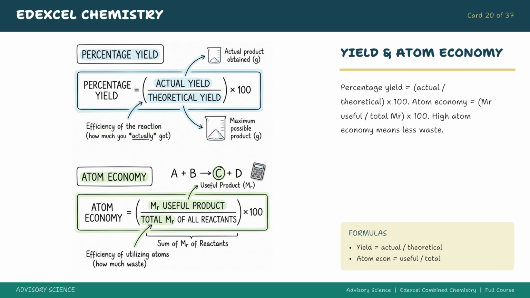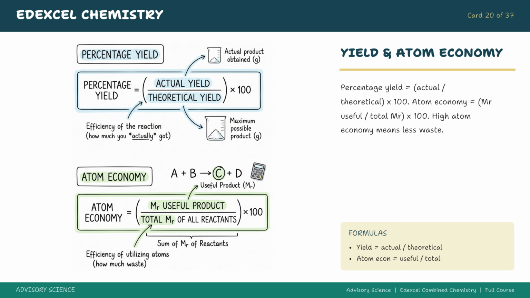Yield and atom economy. Percentage yield is the actual mass of product that you make divided by the theoretical mass times 100. Yield is almost always less than 100% because of losses, side reactions, and reversible reactions. Atom economy is different.